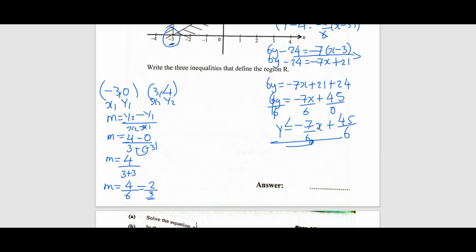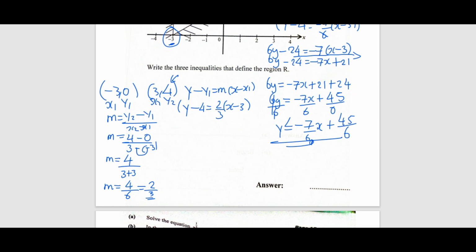Now we can go back to our equation. So our equation is now y minus y1 is equal to gradient times x minus x1. So we are going to use this pair. So our y is 4, gradient is 2 over 3, x minus 3.